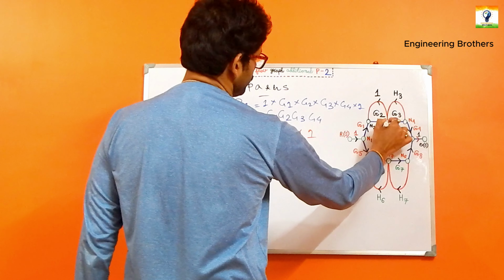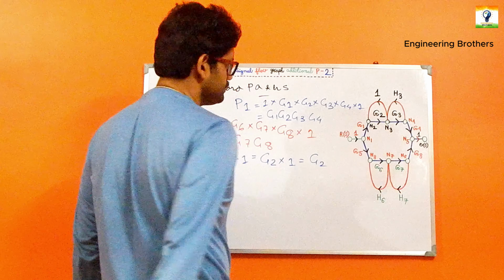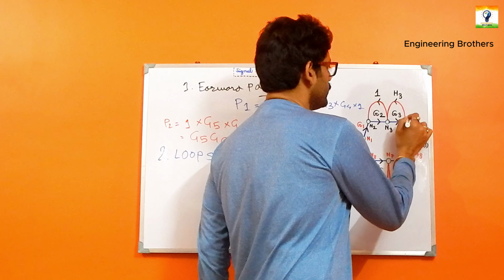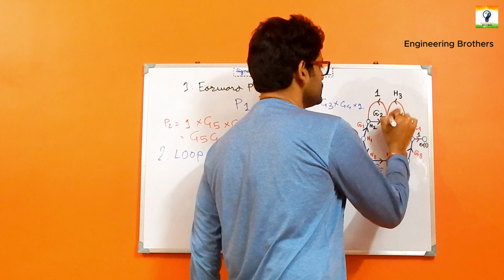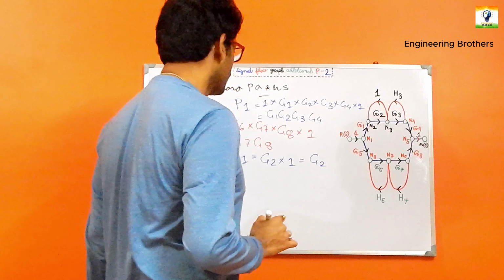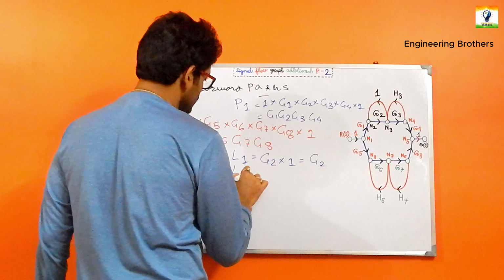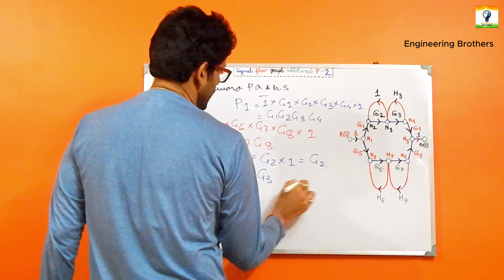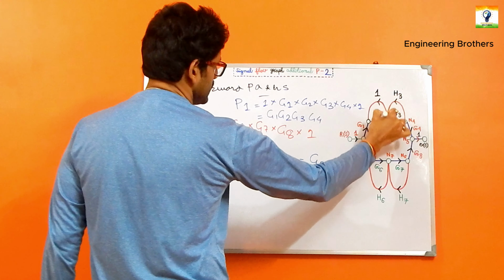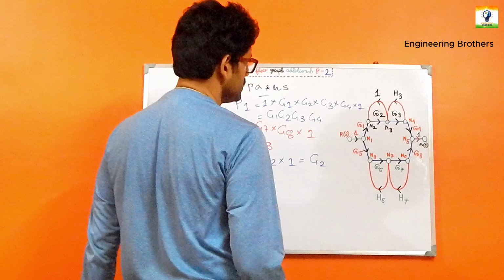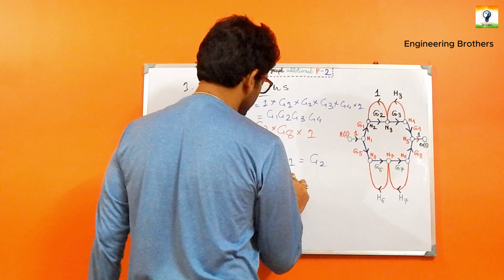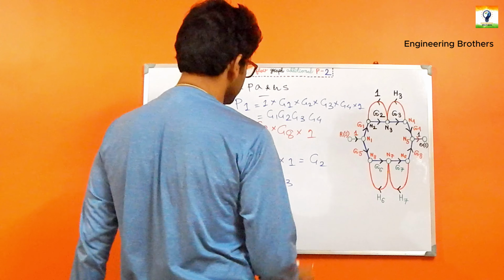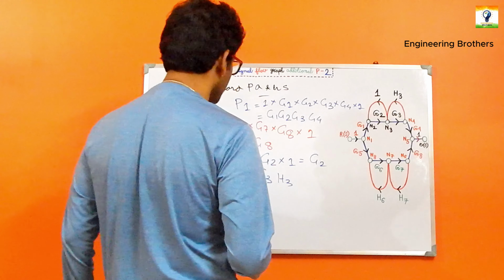Next one should be this loop over here, which has started from our N3 to N4, and from N4 it has ended at our N3. Quite naturally, the gain is G3, and the return path from N4 to N3 is going to be our H3. Now this is going to be our second loop.